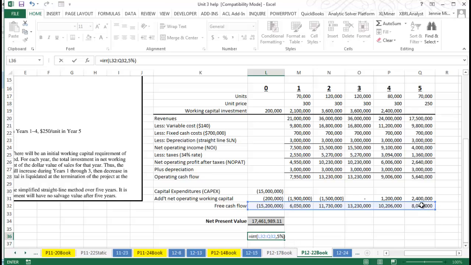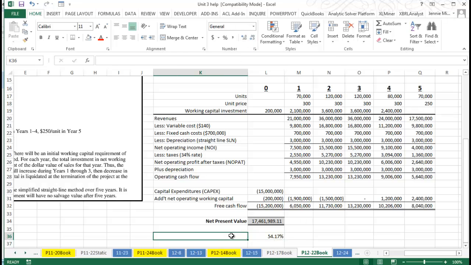I don't know, I'll just put something silly, which I know that's not it, so let's put 20%. And essentially we can find our internal rate of return. If we need to carry it to decimals, you can just add a couple of decimals there to see, but this would be our internal rate of return calculation.